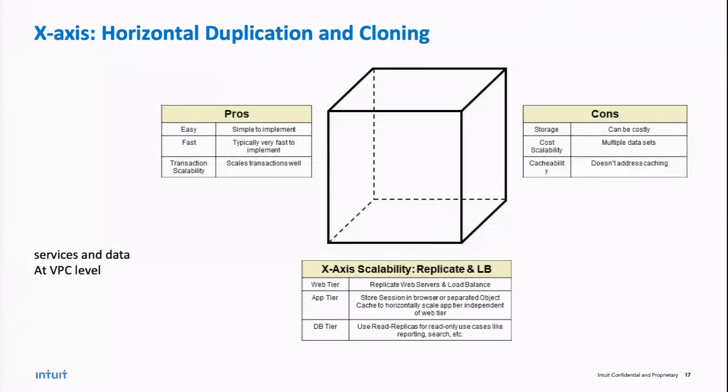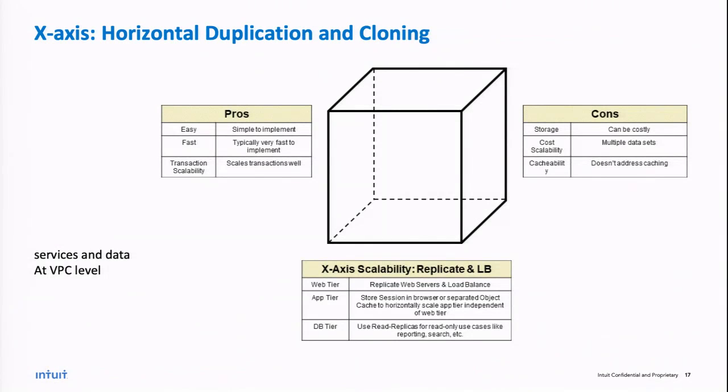So there are different pros and cons. If we duplicate and clone, these are the cons, right? It is basically a hardware cost, like you're buying more machines. Then scalability, because you have multiple data sets now, and you need to horizontally take care of different replicas.